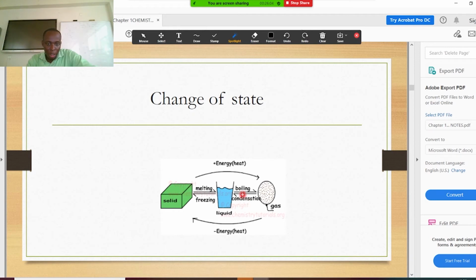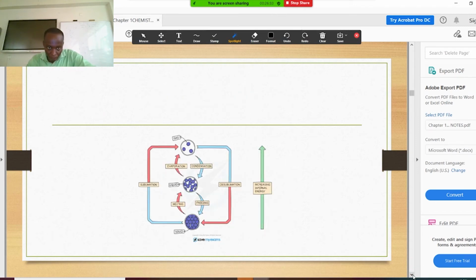Now, if you move backwards, that is when you remove the heat energy or you decrease the temperature, the gas would gradually turn into a liquid. And the name of the physical process is condensation. When you keep on decreasing the temperature, it gets to a point where the liquid turns into solid, and that is called freezing.